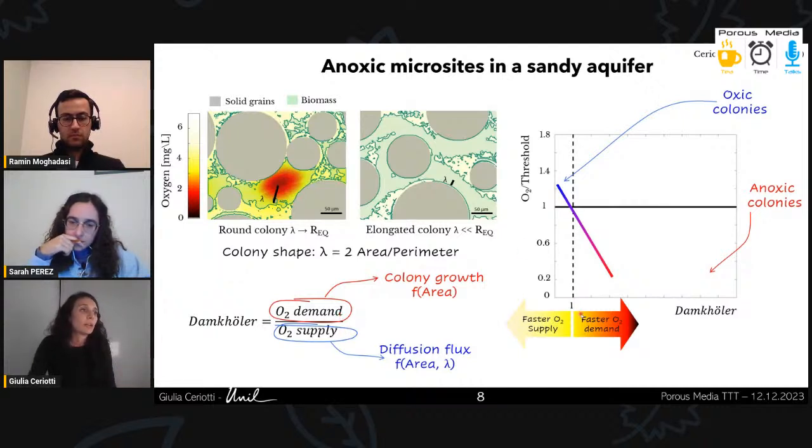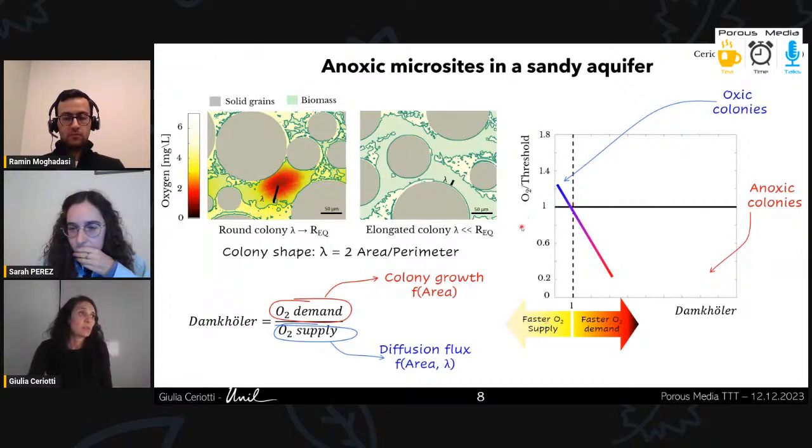So if the Damköhler number is larger than 1, it means that oxygen demand is much more important than oxygen supply, so we should expect the formation of an anoxic microsite. Instead, if Damköhler is lower than 1, it means that the oxygen supplied by diffusion is faster, so the colony should remain oxic.